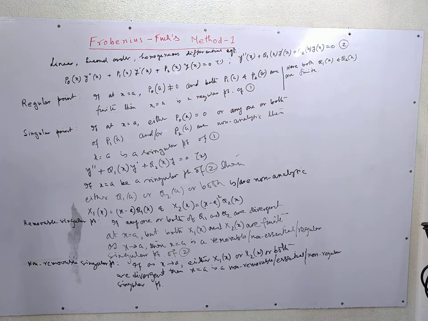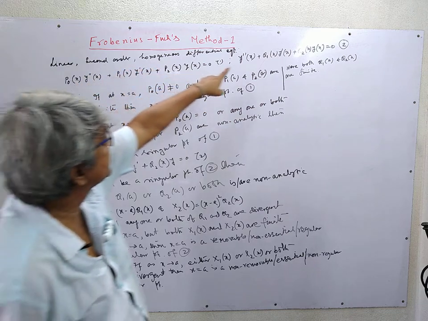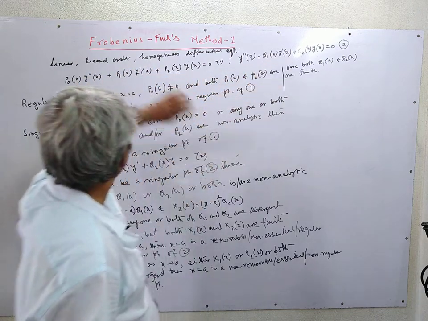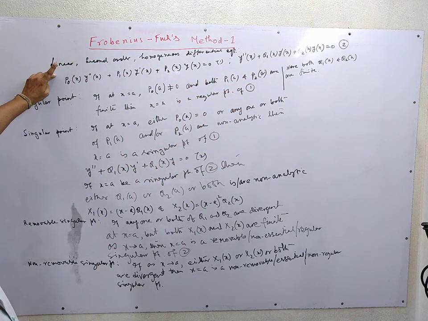So let me first work out the scheme. First we have an equation in this form, or it may be in this form. If the point under consideration is A, then check whether P0 is 0 or not.